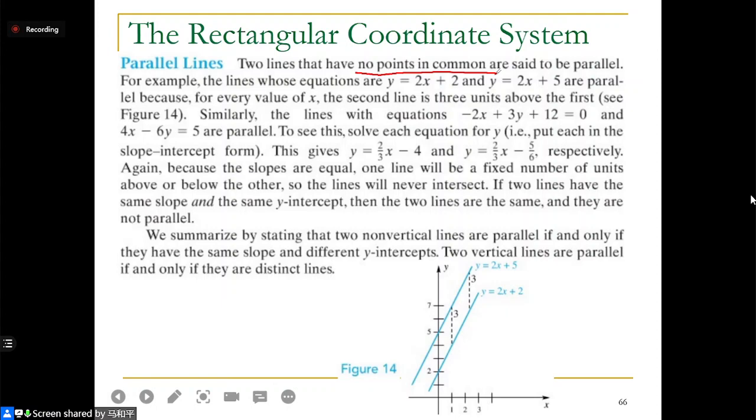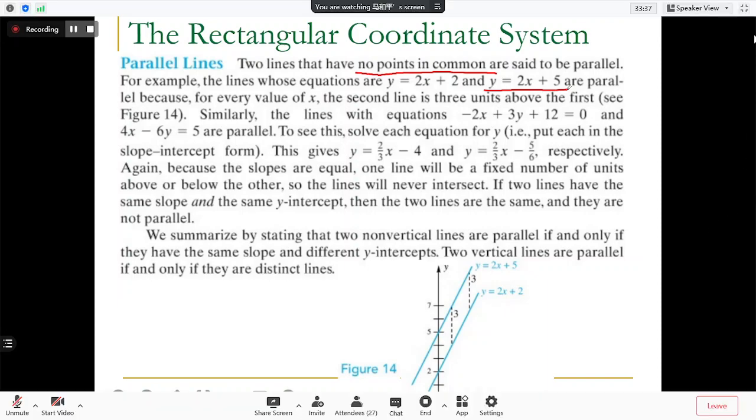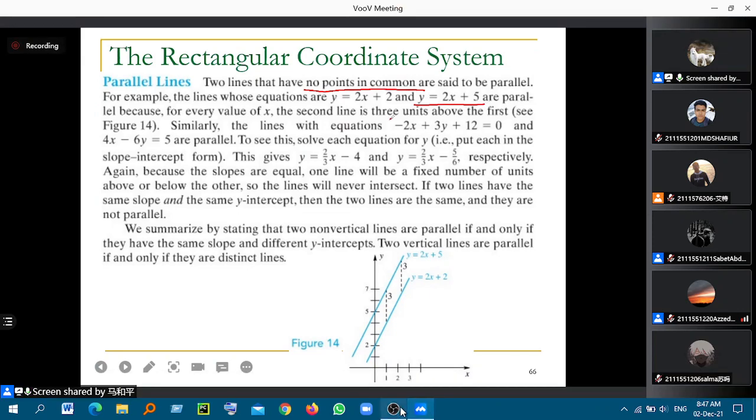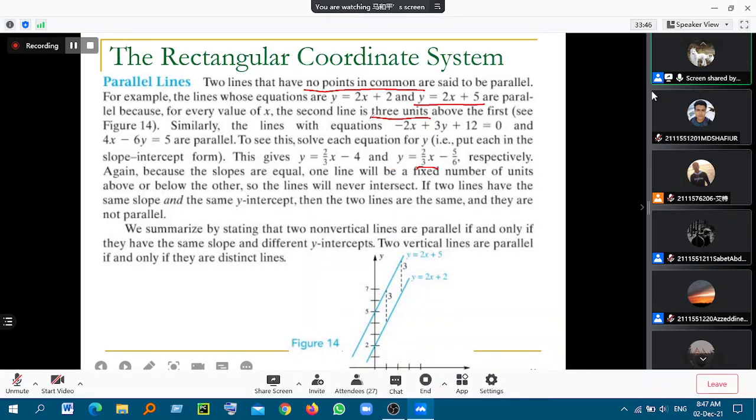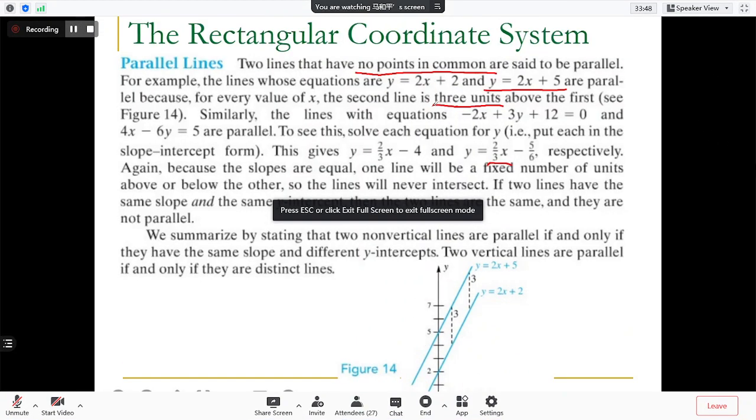For example, the lines whose equations are y is 2x plus 2 and y is 2x plus 5 are parallel, because for every value of x, the second line is 3 units above the first.